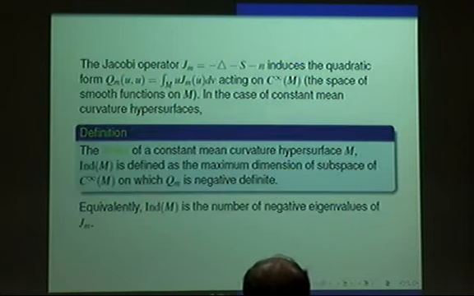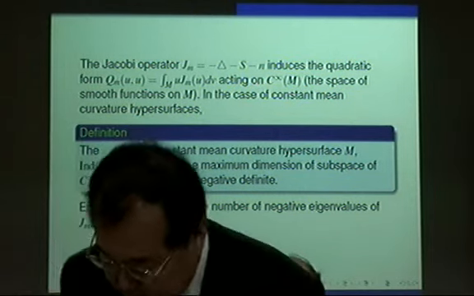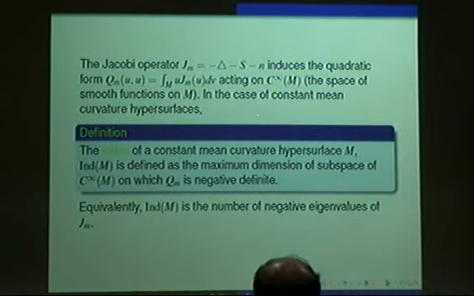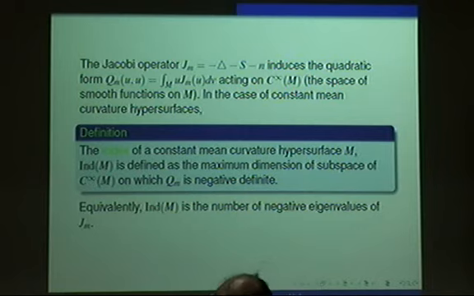Now we introduce some definitions. We know that this Jacobi operator induces a quadratic form, Q_M, acting on the space of smooth functions on M. In the case of constant mean curvature, we give the definition of the index of a constant mean curvature hypersurface. The index is defined as the maximum dimension of the subspace of the space of smooth functions on M on which this quadratic form is negative definite.